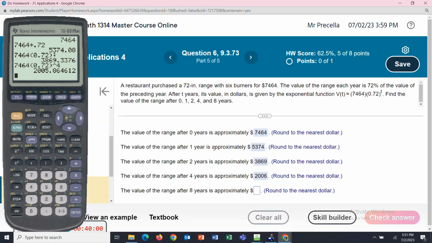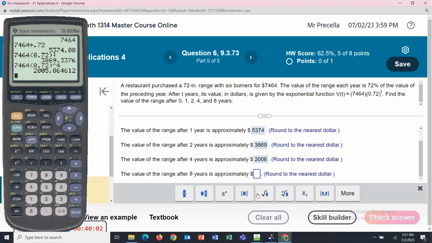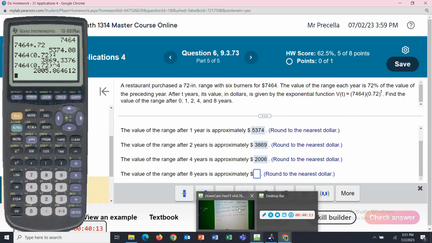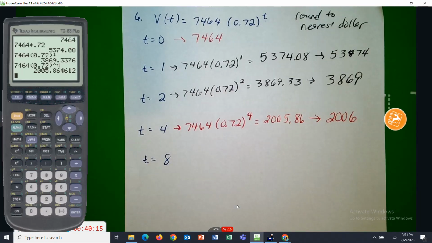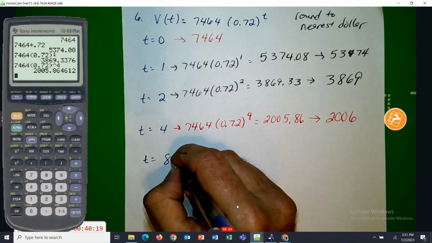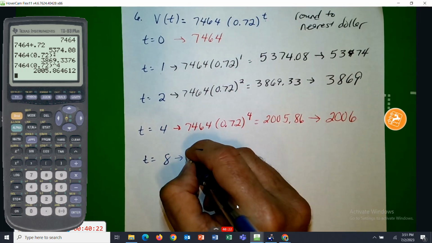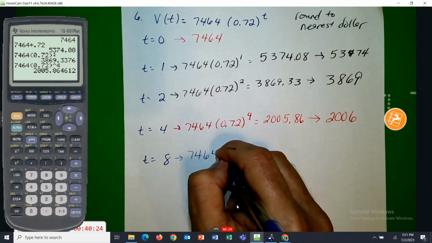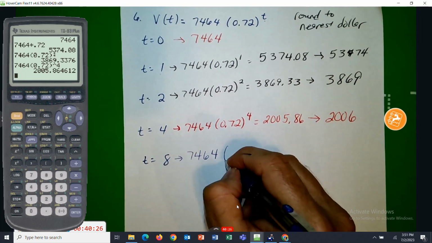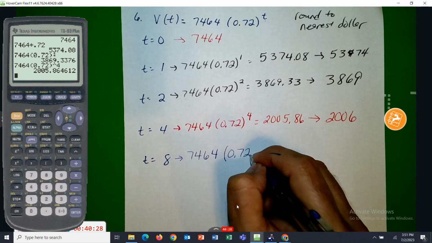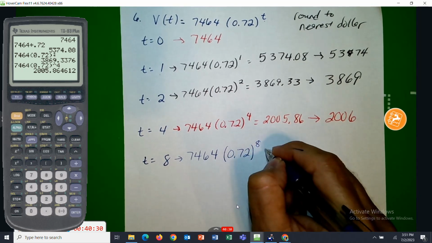And then finally, after 8 years, do we expect it to have a higher value or a lower value than 2006? Well, it better be a lower value. So here we go. Put an 8 in for t. 7464 times 0.72 to the 8th power.